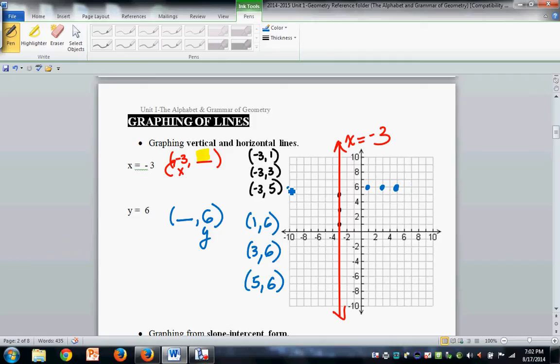So we have here y equals 6 is a horizontal line. That's all the points where y is 6. Take a moment and get that copied down.